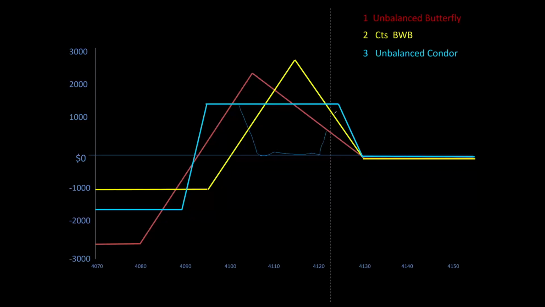We ended up with something like this. For no cost, we had a butterfly and a condor because of the time decay overnight, even with a 50-point gap down. So that is why I always wait until the end of the day.